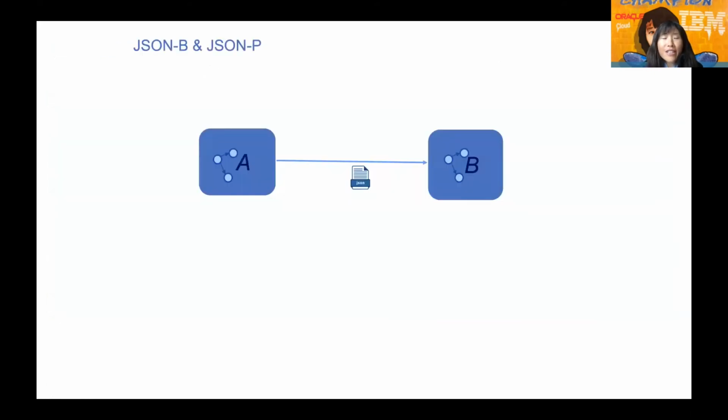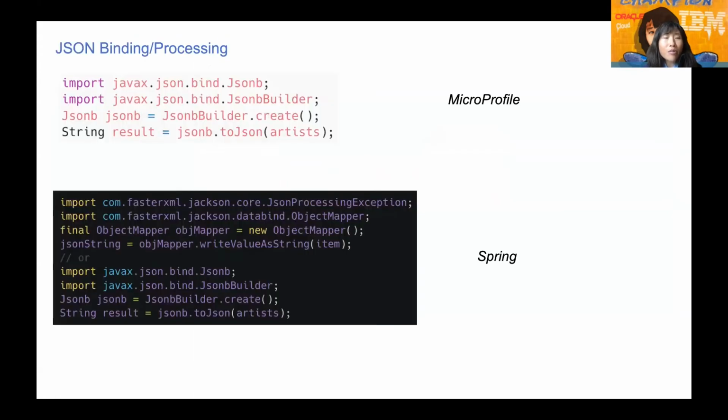So the next thing is I'm briefly talking about the payload. The JSON payload is very popular in microservices. So obviously you will need some framework for how to serialize into a JSON object and how to deserialize from a JSON object. In MicroProfile, we use JSON-B and JSON-P.